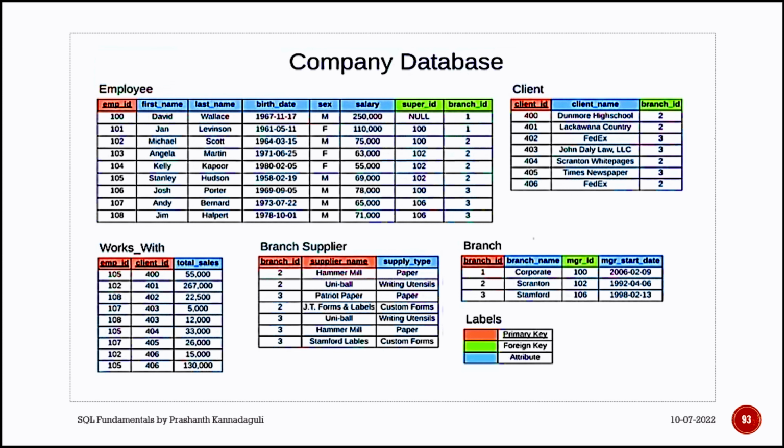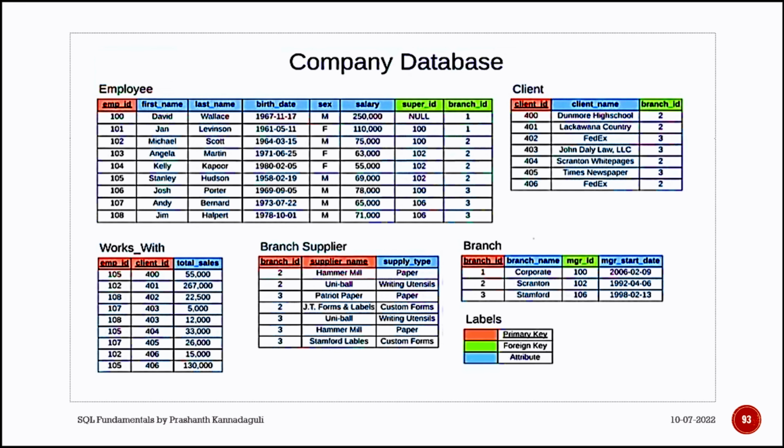Other than that, whatever is written in the blue colored headings are the other attributes of the table. So we can just see the details of the table and understand. The employee table contains the complete details in terms of employee ID, name, birth date, sex, salary, then the superior ID and the branch ID.